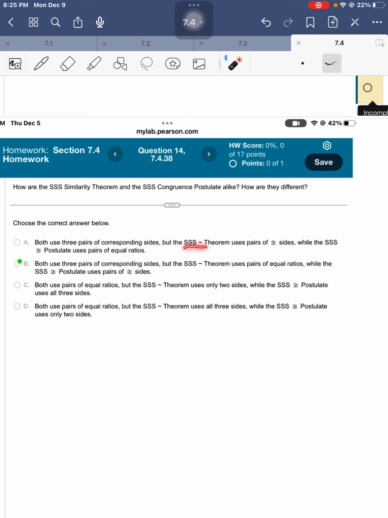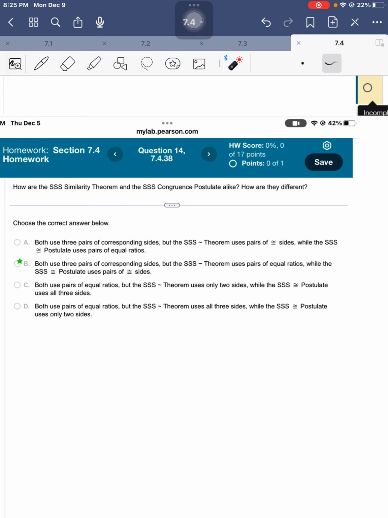So let's see why the other ones are wrong. So let's look at A. Both use 3 pairs of corresponding sides, but the SSS similarity theorem uses pairs of congruent sides? No, that's not true. So this is wrong. Both use pairs of equal ratios? No. Only the SSS similarity theorem.